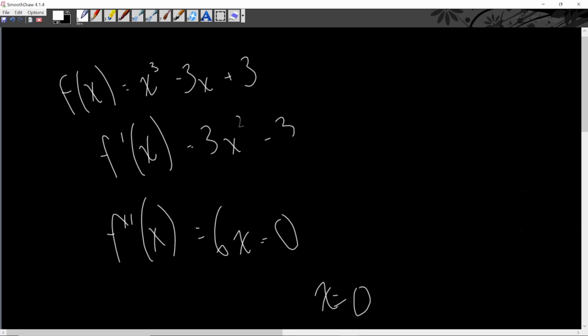Actually, no, let's not do that one. That one uses a lot of notation. So this one's an interesting one.